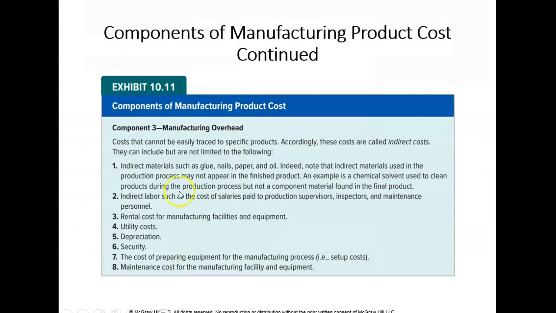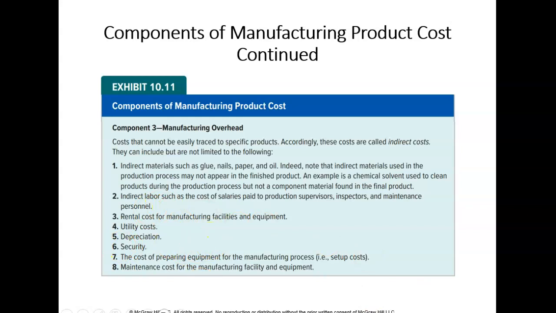Then your manufacturing overhead will consist of a variety of items, such as any cost taking place within the manufacturing plant that's not direct material or direct labor. So things such as indirect materials: you've got your glue, nails, paper, oil, etc. Indirect labor, such as the production supervisors, inspectors, maintenance personnel, those employees who work at the factory but don't work on the actual product.